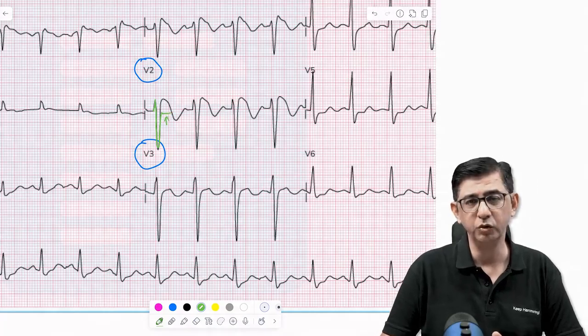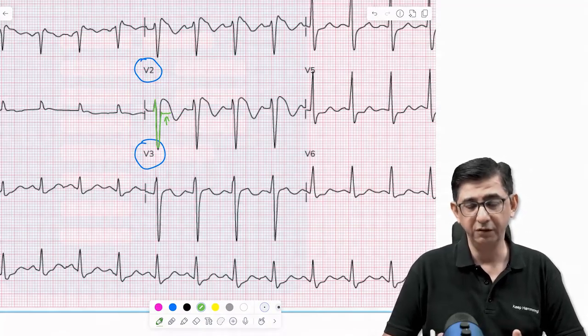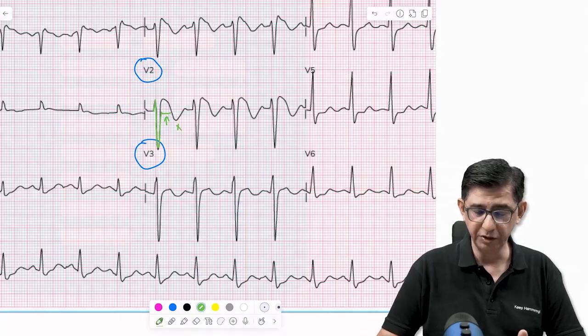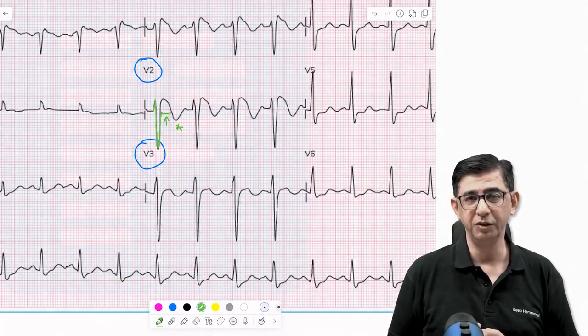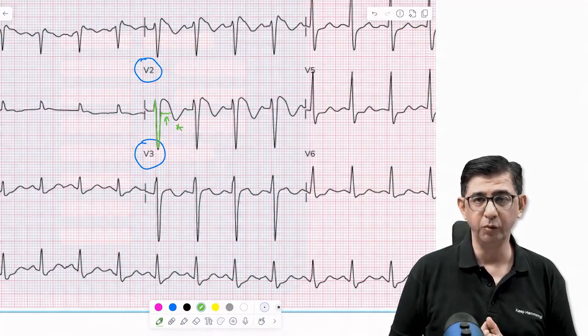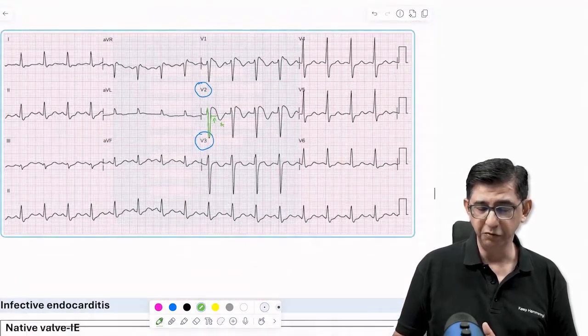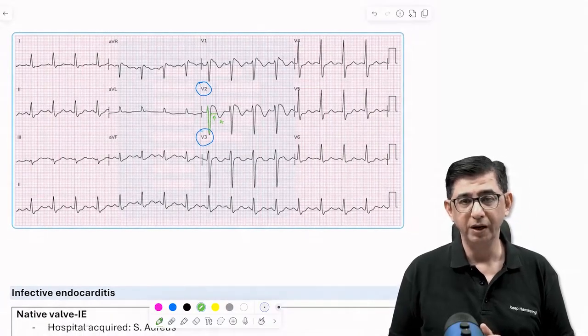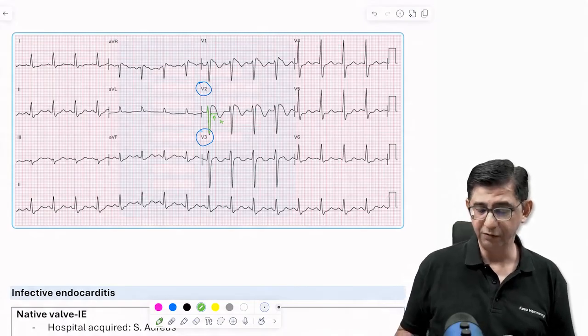Like this particular area should have been an isoelectric area, but instead it is going up, so that's ST elevation, which is followed by a T wave inversion as well. So as highlighted multiple times, this would be called ST segment elevation with a coved pattern, very characteristic for Brugada syndrome. And in these patients, as explained, implantable cardioverter defibrillator needs to be deployed. It is just that I wanted to show on an actual patient's ECG also the pattern that we can see.